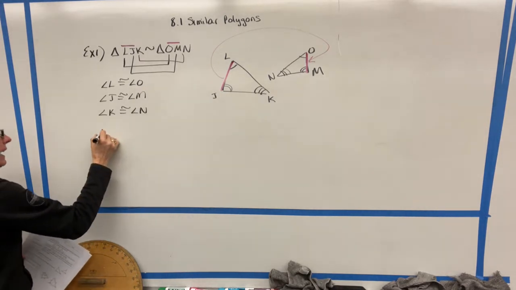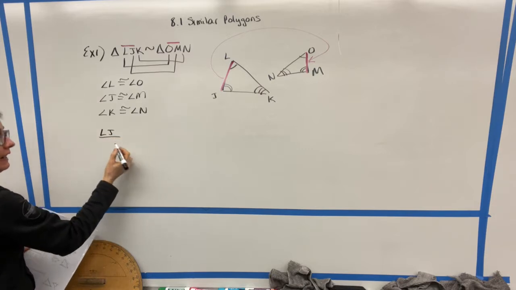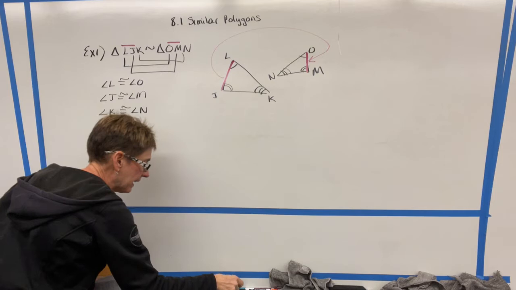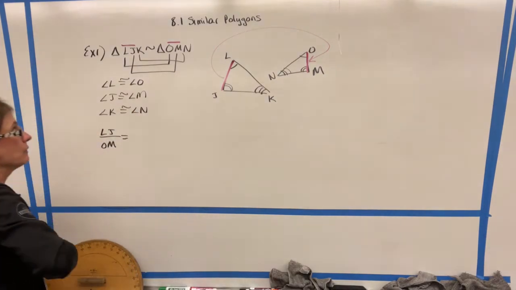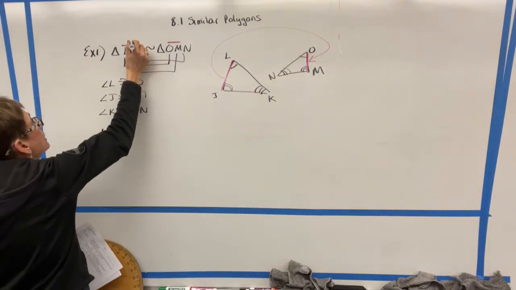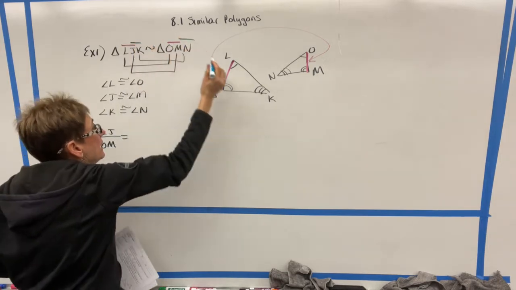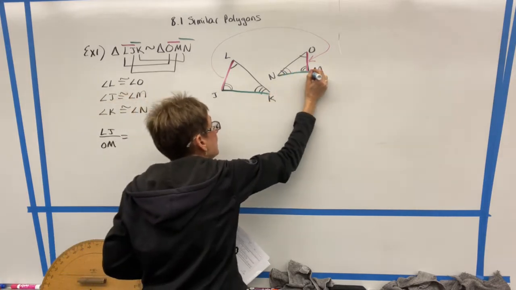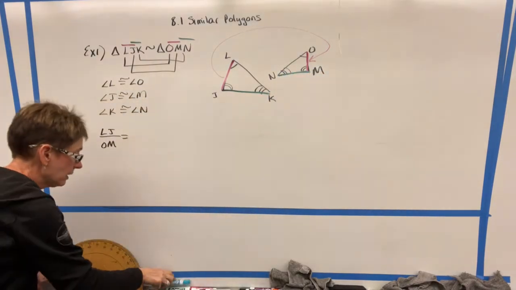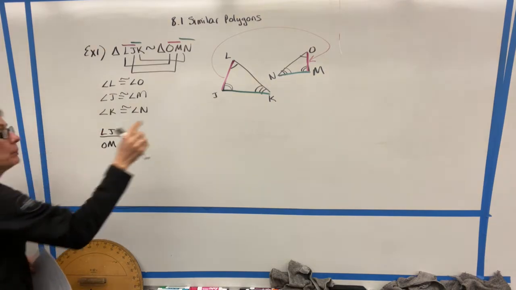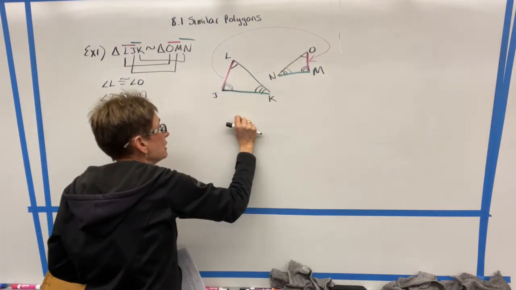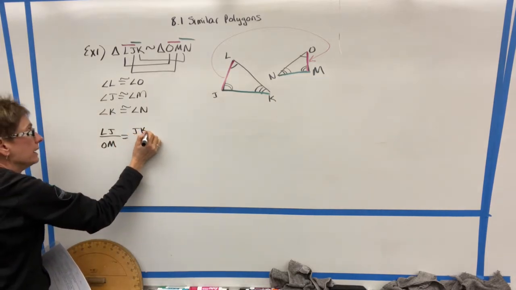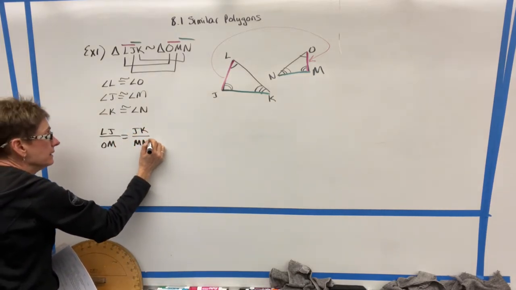So I know that LJ divided by OM is going to be the same thing as, let's find another pair of corresponding sides, excuse me, JK and MN. So JK and MN correspond to each other. So I know that the pink divided by the pink is going to be the same as the blue divided by the blue, or JK divided by MN.